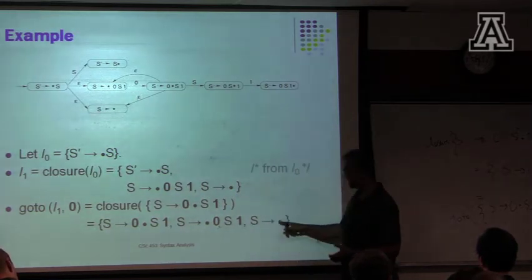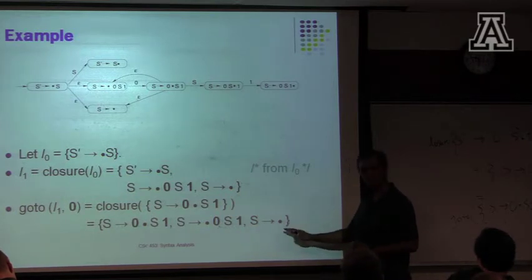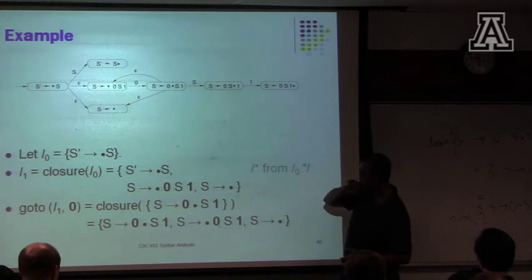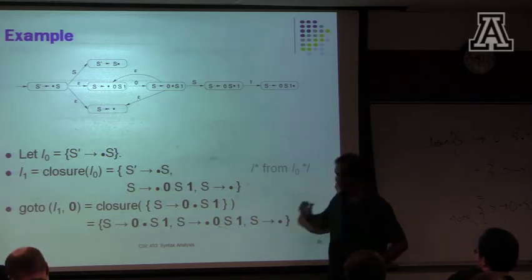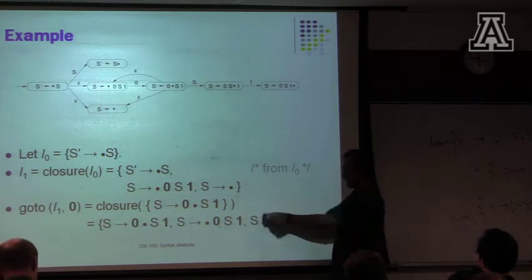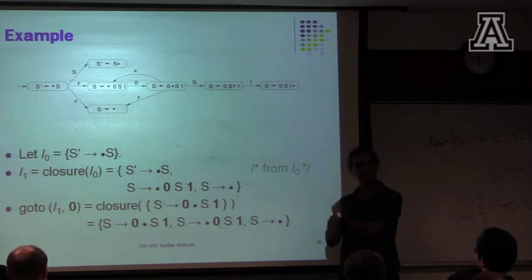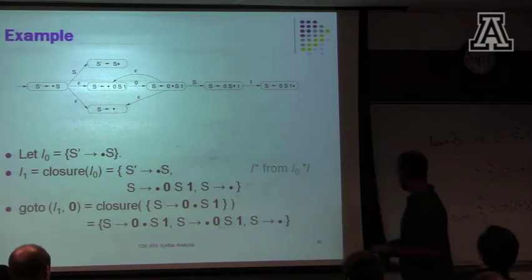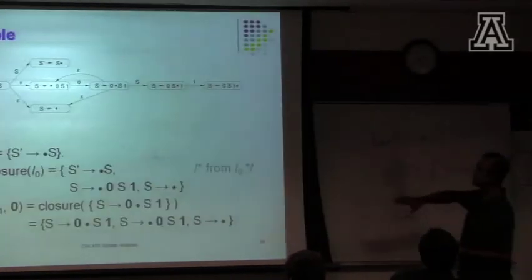Or maybe it's seen some other stuff, and I'm not sure what that means. We'll come back to that later. Okay? But this corresponds to the S goes to epsilon. And now I say, okay, in this state, I tell you, parser, that you have now seen something that S could derive.